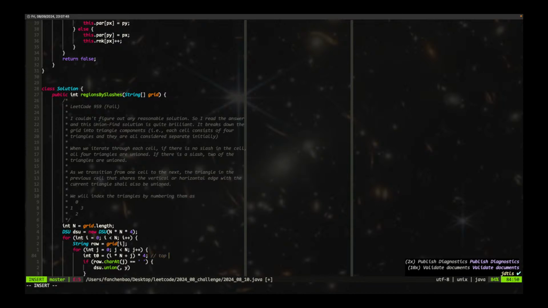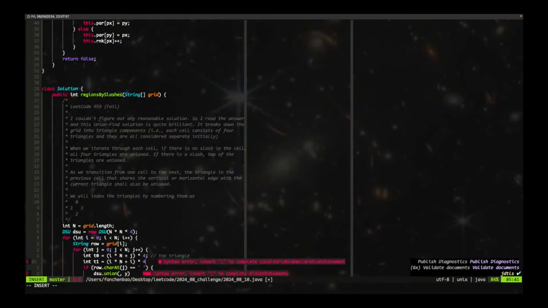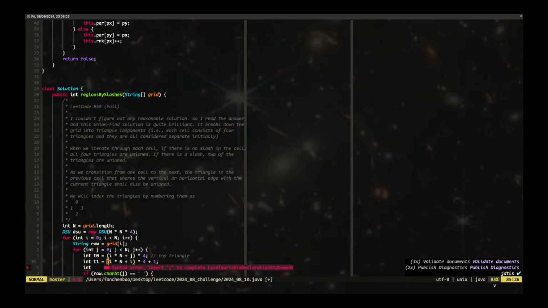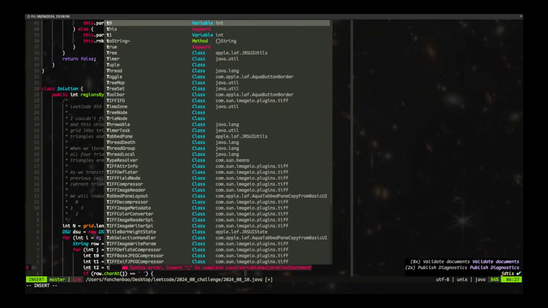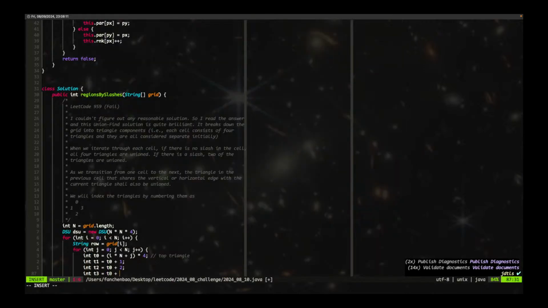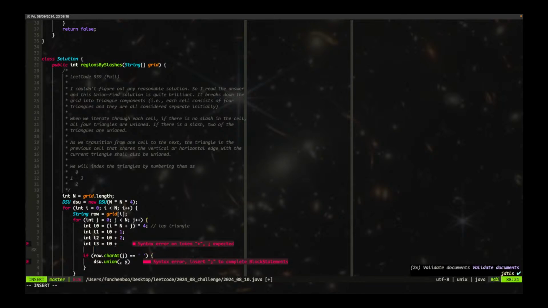This is the top triangle. T1 is i times n plus j times 4 plus 1. Oh, basically this is just t0, right? t0 plus 1, t0 plus 2, t3, t0 plus... Maybe I can do this.